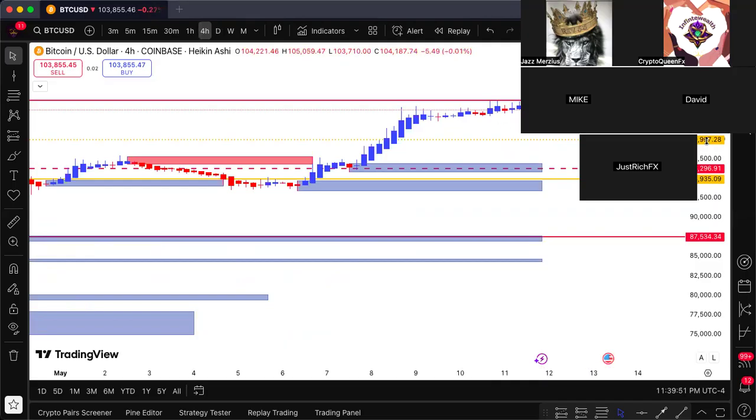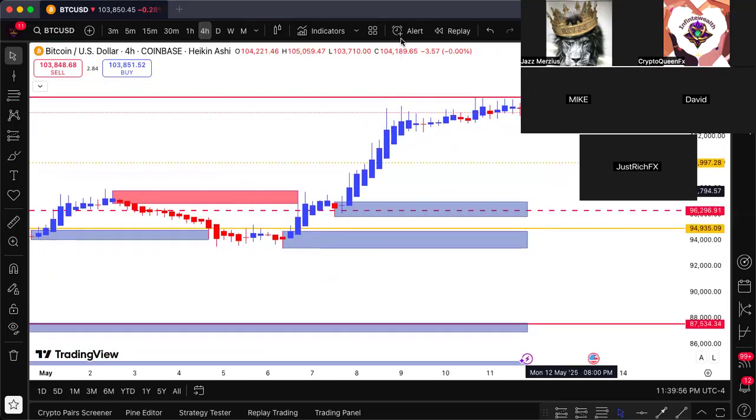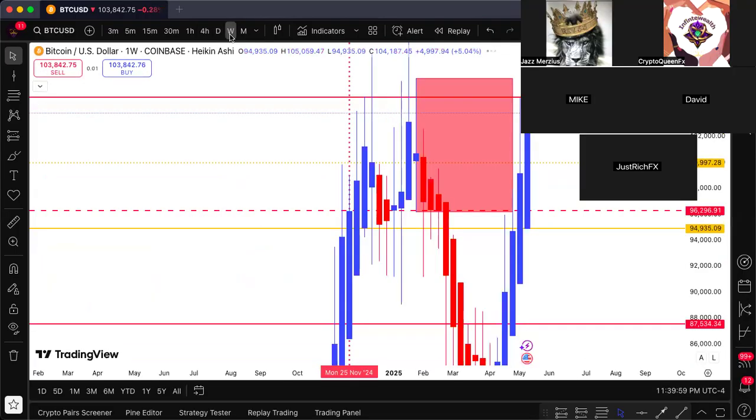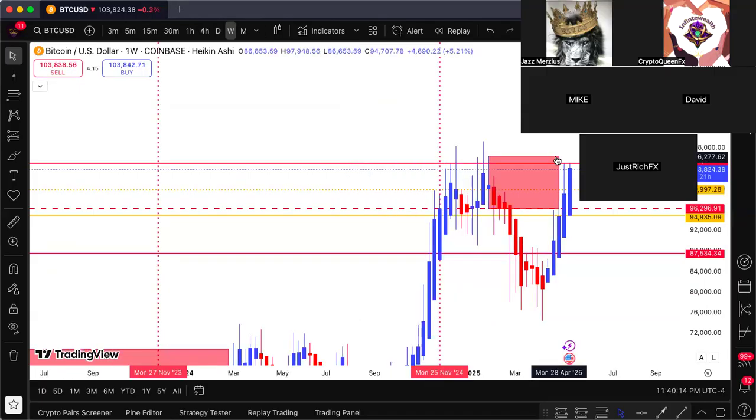I will wait to see if it's going to break this high and retrace the previous high, because it's inside of this right here. And this is a strong order block. We had strong sell volume come out of it.